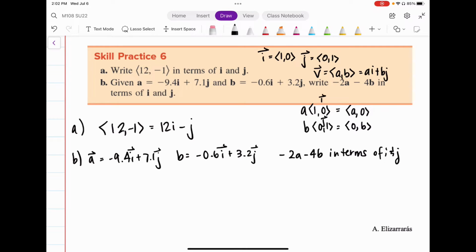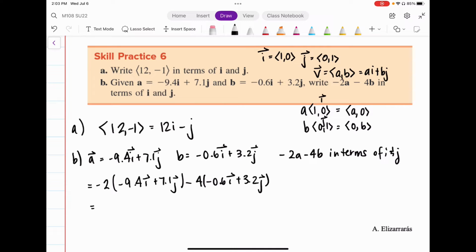Let's go ahead and do the multiplication first. Rewriting a and b with what they are in terms of i and j, I'm going to distribute the negative 2.